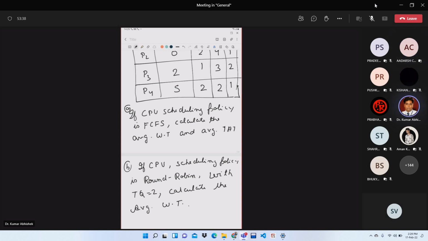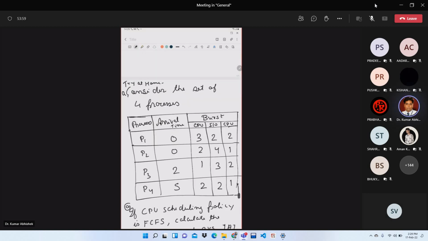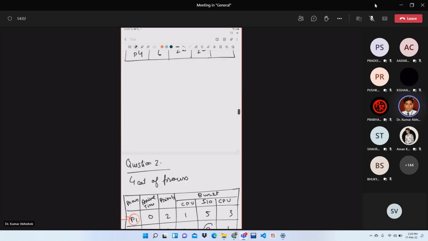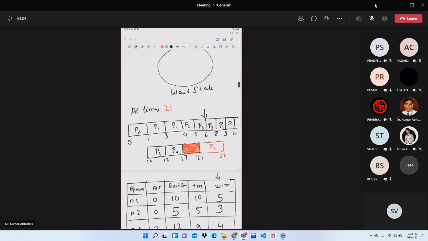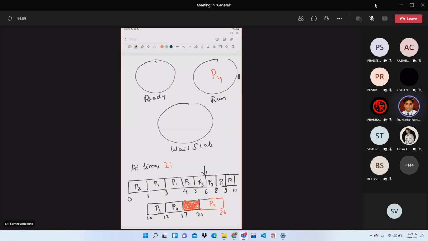Excuse me, sir. Sir, in first come first serve, if a process comes back to the CPU after an input output process, see for example, at time 6.